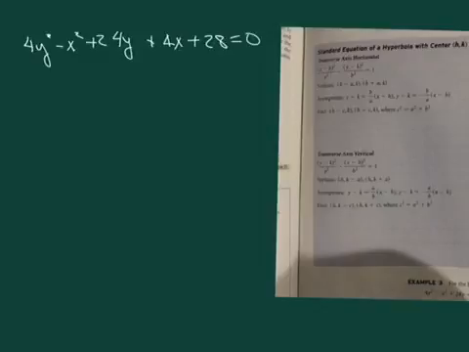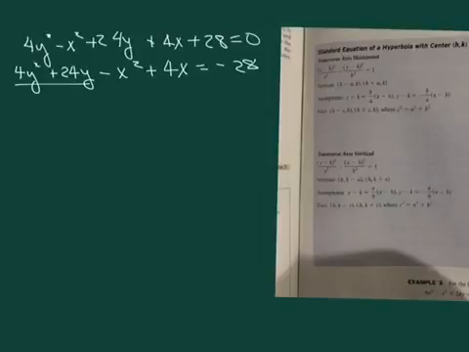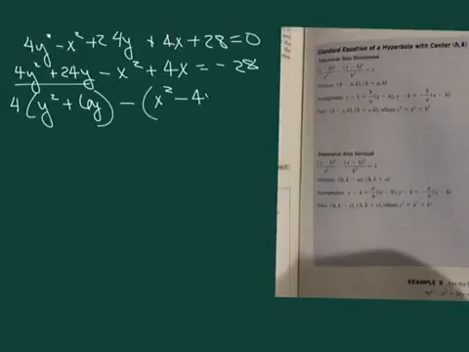So let's go ahead and rearrange these. We're going to put the y's together, and we're going to put the 28 over here. Okay. So let's take this and factor out a 4, and we'll make this x squared minus 4x equals negative 28.